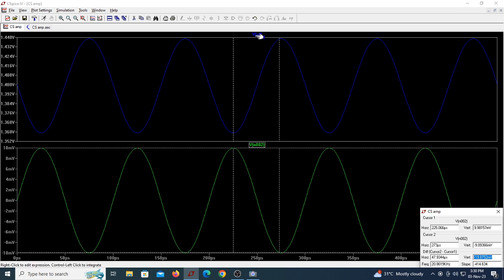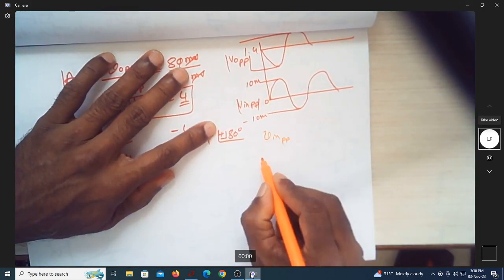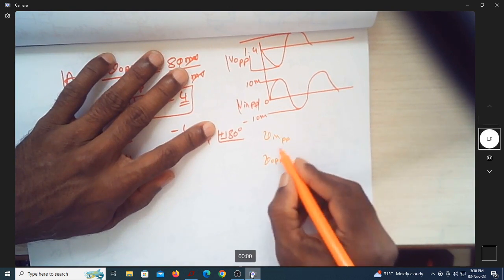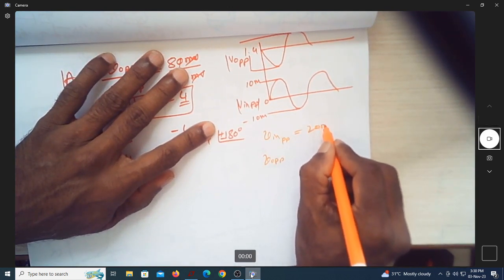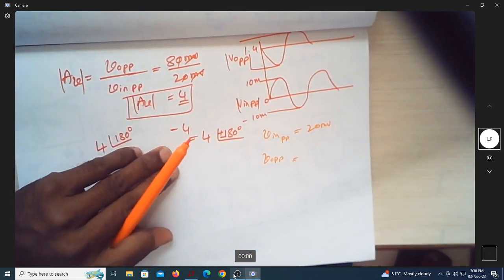So now what is input peak to peak? Let me just see this here. So V in peak to peak and V naught peak to peak. So this is 20 millivolt. This is, let us see how much.